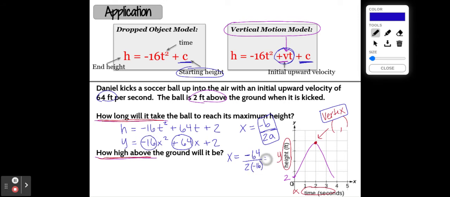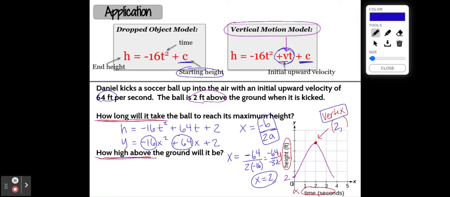Okay, so if I simplify this, this is negative 64 divided by 2 times negative 16, which is negative 32. So if you take negative 64 divided by negative 32 in your calculator, you're going to get x equals 2. And that's the x coordinate of the vertex. So I'm going to put that right here. That's 2. Okay, so now we need to figure out the y.